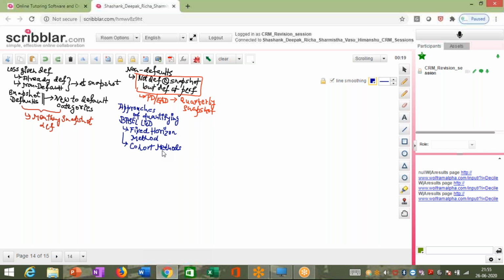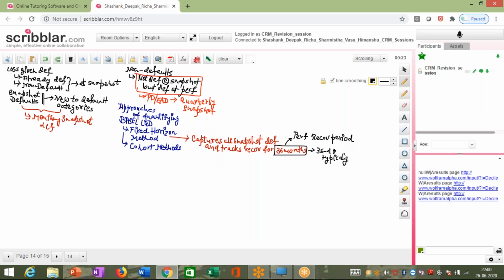So how do I do this recovery for each of the accounts? Whenever you are doing this, you see that more or less the overall recovery is flattening out.